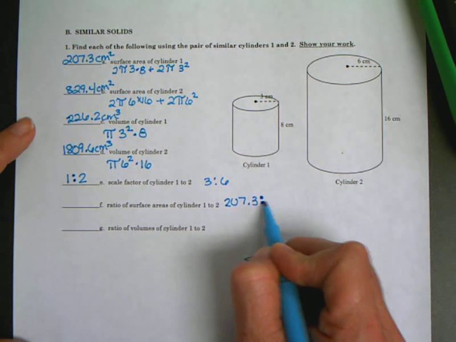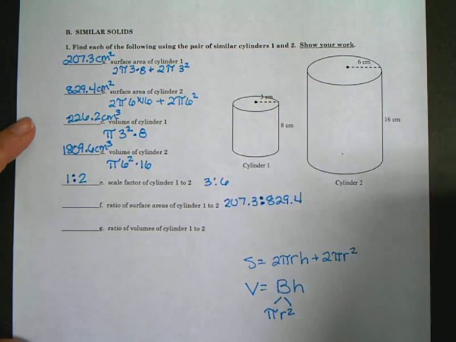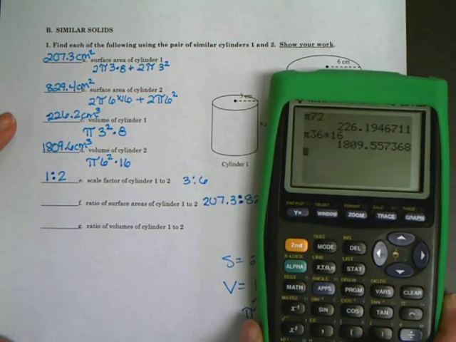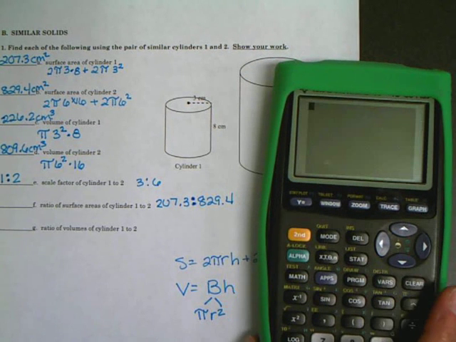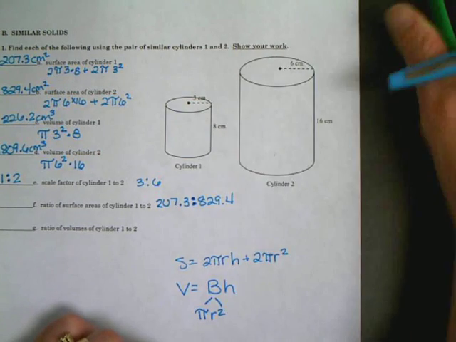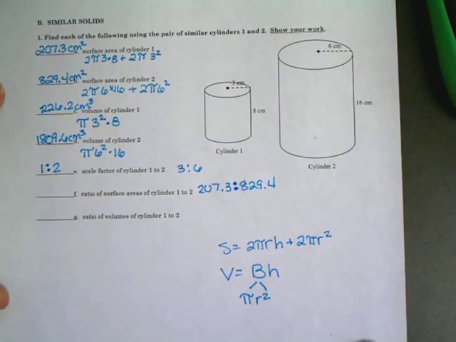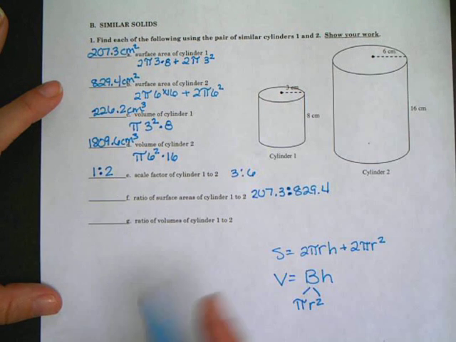Now we rounded those, so I don't know if those can be simplified anymore. I'm going to put those in the calculator just to see, but we'll probably end up having to leave it just like that. Oh, actually, we don't need to do that. We've got an easier way to do it, because area is two-dimensional, right? So all we got to do is take the straight line, the one-dimensional figures, and square them. So it's 1 to 4.